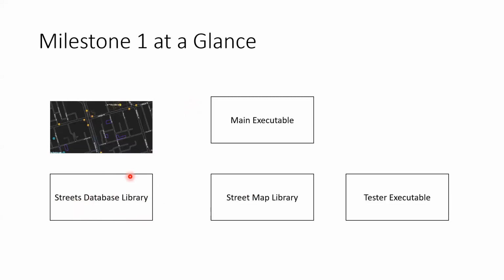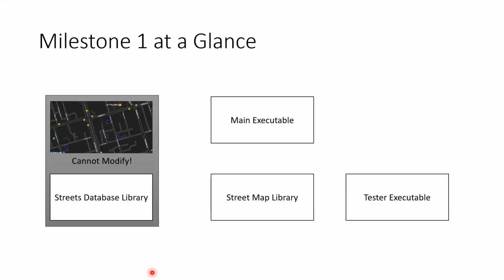We have 2 APIs, the street database library and the street map library, and the main executable and the tester executable. The lower level API streets database library cannot be modified, and you will be communicating to it to get all of the information you will need.